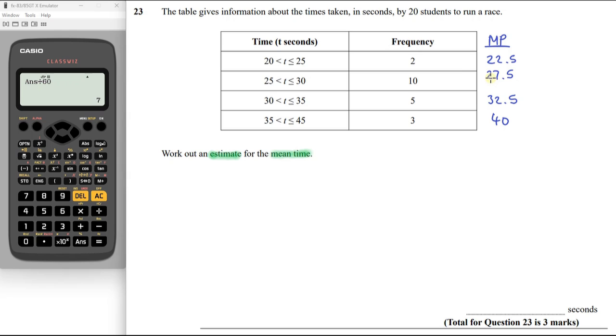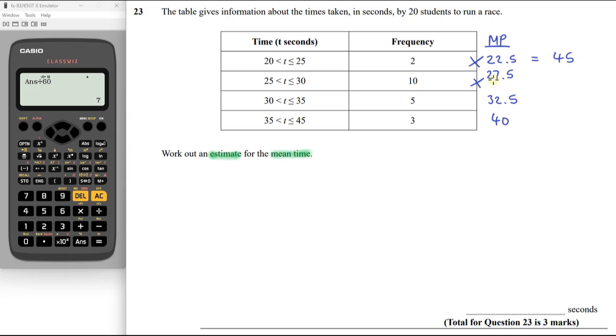Okay, so what we're going to do is we're going to assume these 2 people took 22.5 seconds to complete the race. So what is the total time that these 2 people took? Well, we just need to multiply the frequency by the midpoint. So 2 times 22.5, well, that gives us 45 seconds. And we're going to do the same for each interval.